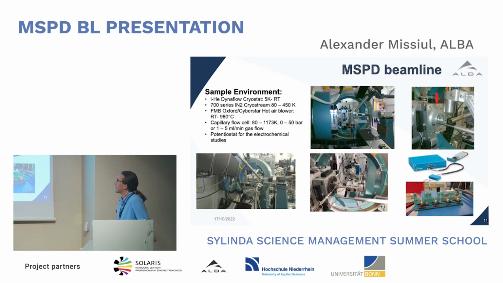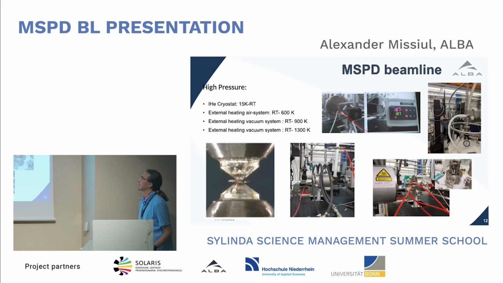We have a setup for electrochemical experiments, in fact several setups depending on the type of experiment and type of cells. And we have the gas cell that allows us to work under controlled atmosphere. And for the high pressure station, of course, we have the diamond anvil cells themselves, and they can be combined also with different temperature control systems.